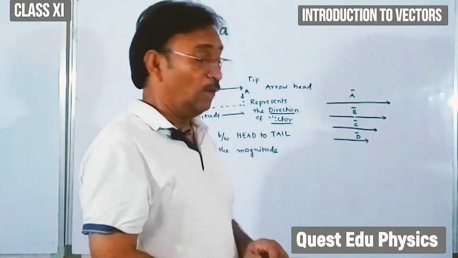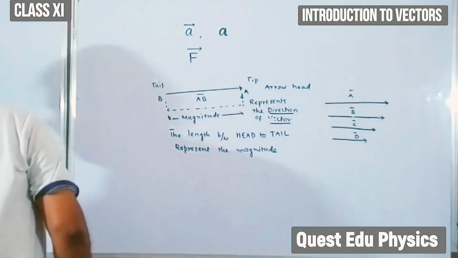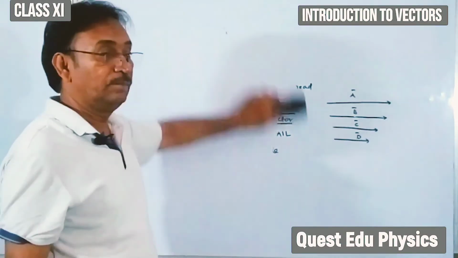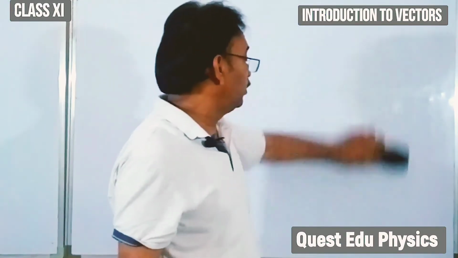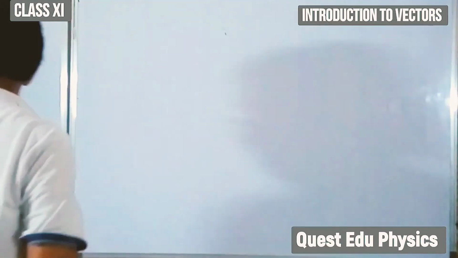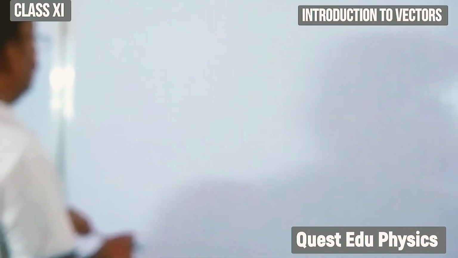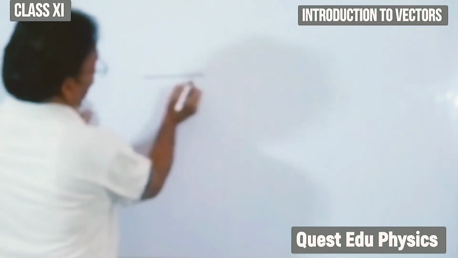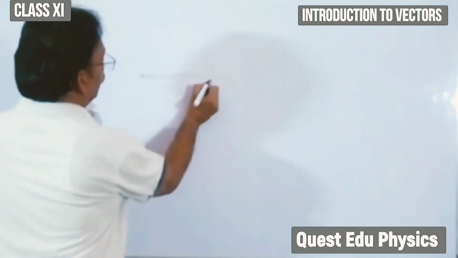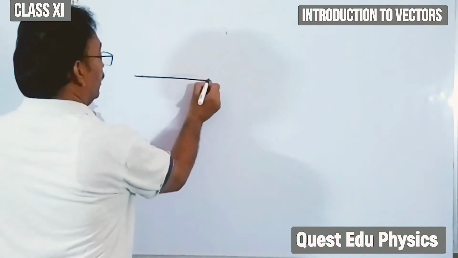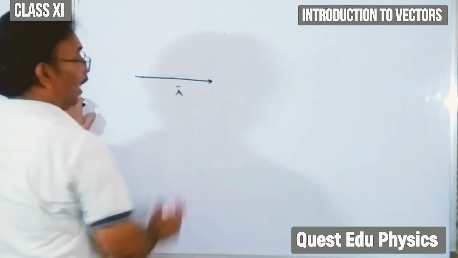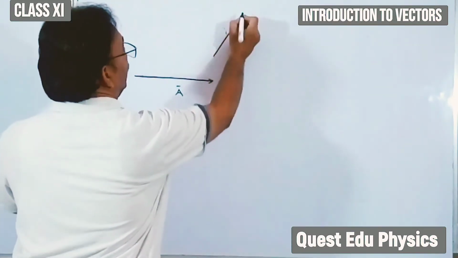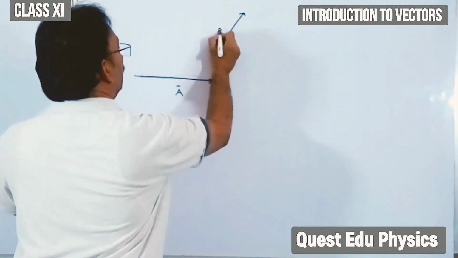Okay. After representing a vector, then after we have to learn how vectors can be added. Briefly I will explain, later you will understand the laws of vector addition. Here, for example, say it's a vector A bar, and we have one more vector, say it's the B bar.